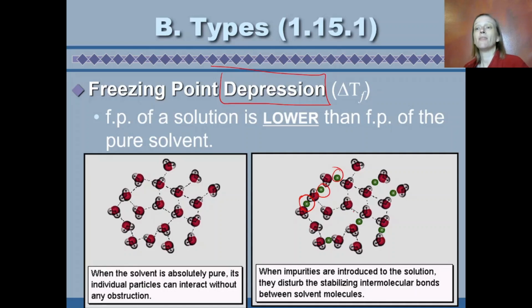And so when the water molecules try to form a nice orderly structure to form ice, it's actually harder for them to do. It takes extra energy to kind of bump those molecules out of the way, or the ions out of the way, whatever's dissolved in the solution. So these impurities disturb those stabilizing forces between solvent molecules.